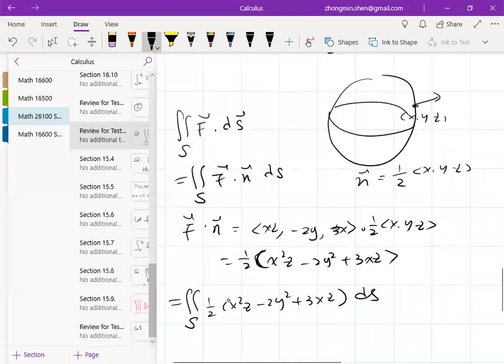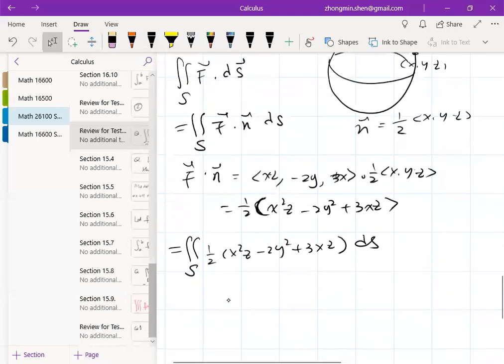But you still have to change it to the surface, so it should be a double integral. This is my opinion: it probably cancels out.